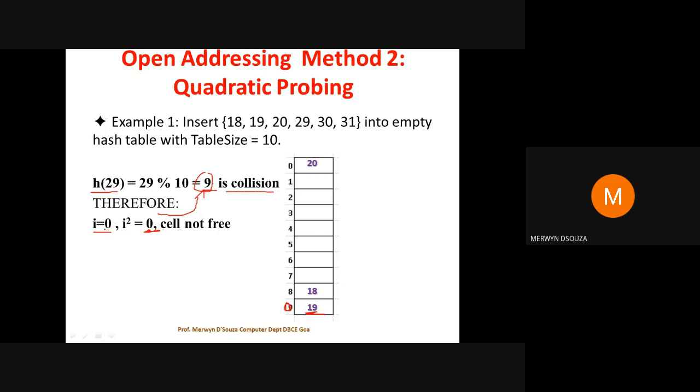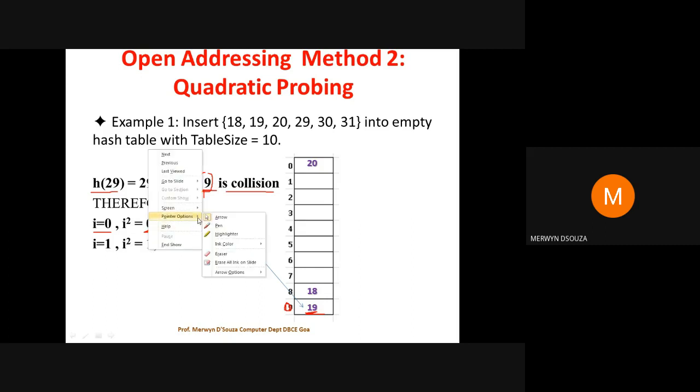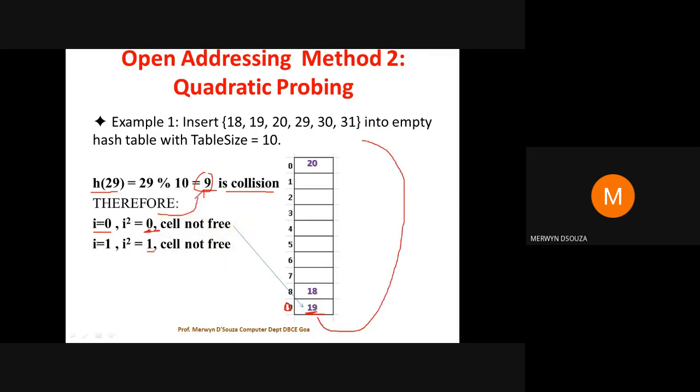increment the value of I to 1. Find the I square of that. So you will get again 1. Now this goes in circular fashion. So if this is 0, then this will be 1.